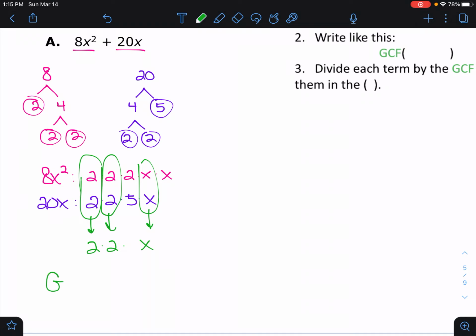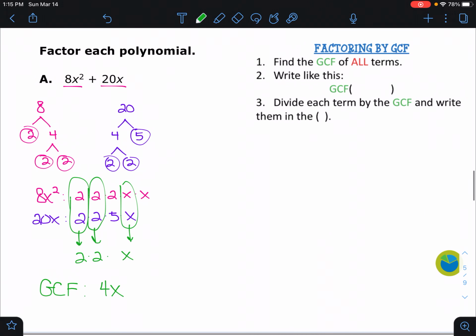So this means my GCF of those terms would be 4x. Okay. Now, so step 1, done. Now I'm going to write this with the GCF in front of some parentheses. So I'm just going to put one parenthesis, and then I'll put the other one in here when I get all my terms.